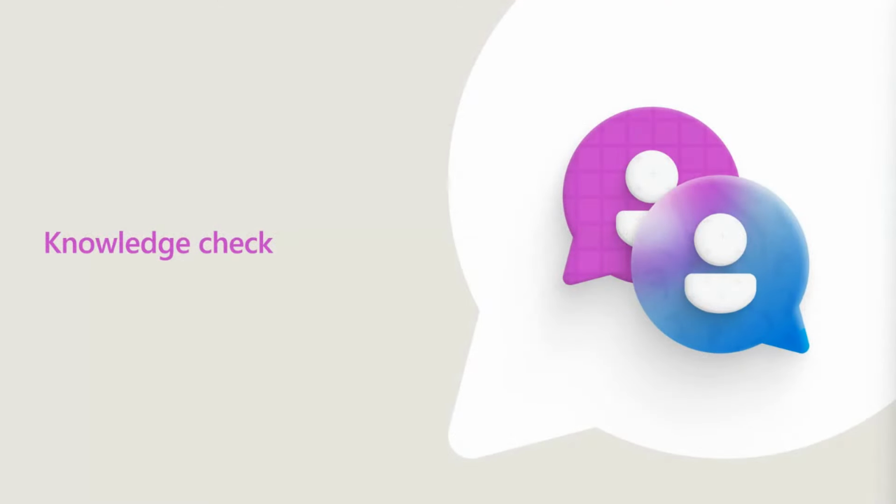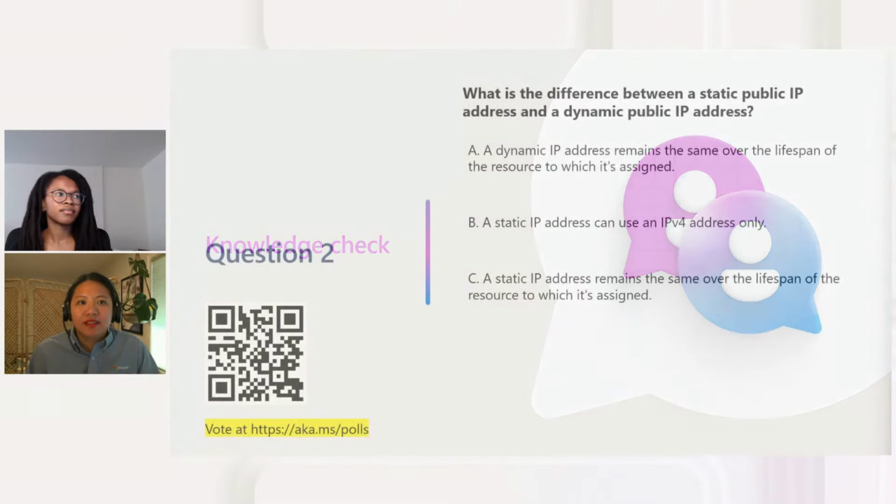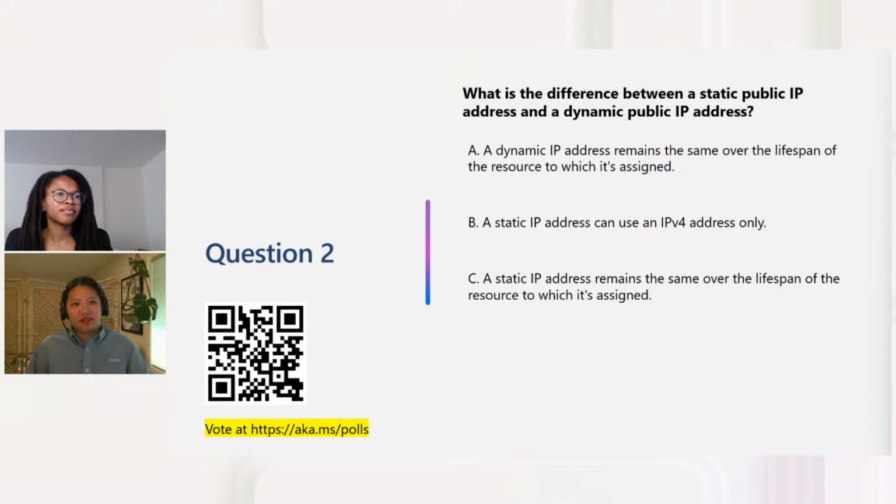So this puts us at our knowledge check. Just want to make sure that everybody is ready to participate. We're going to move over to the question here: what is the difference between a static public IP address and a dynamic public IP address?